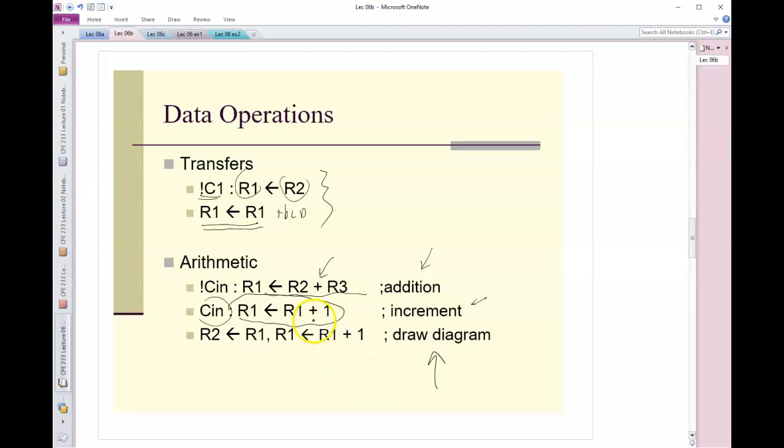So anyway, additionally here we can see a counter being incremented, and also a counter being fed into another diagram. So I think that's worth drawing. There's my two registers, and what it's saying is there's a path from R1 to R2.